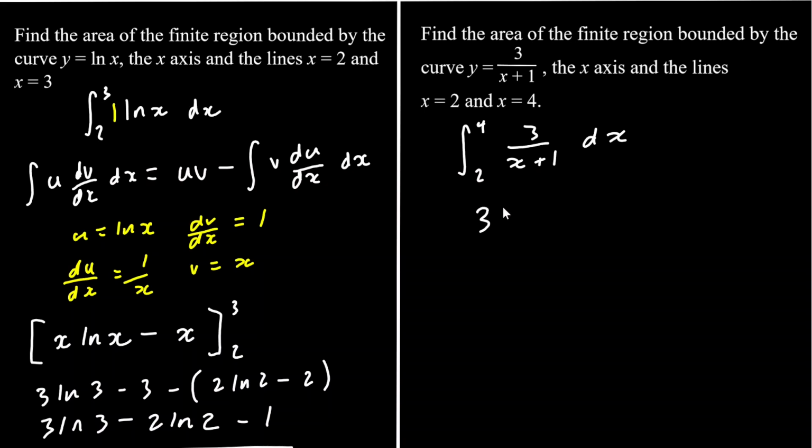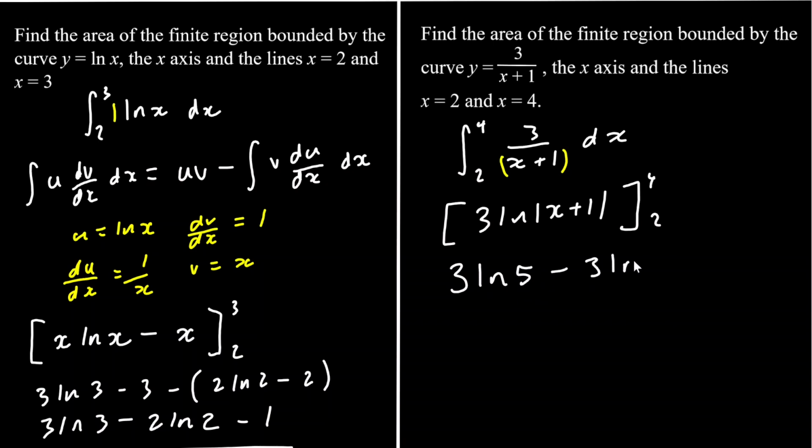So we're going to have 3 log of x plus 1 as our integral. If the denominator differentiated to give anything other than 1, we would divide by that, but it's not necessary because it's 1. Between 4 and 2, so substitute in 4, substitute in 2, and take them away.